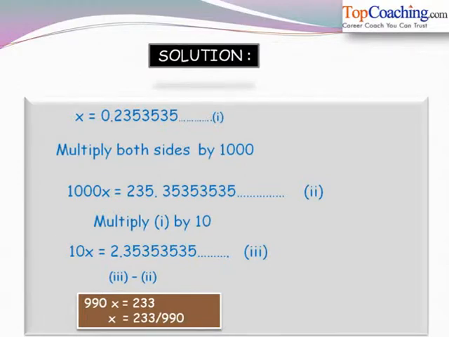Also q is not equal to 0. Thus this is a rational number, and so x is equal to 233 by 990, which is equal to 0.2353535 and so on. So this is the way we have converted a non-terminating and recurring decimal into a rational number of the form p by q.